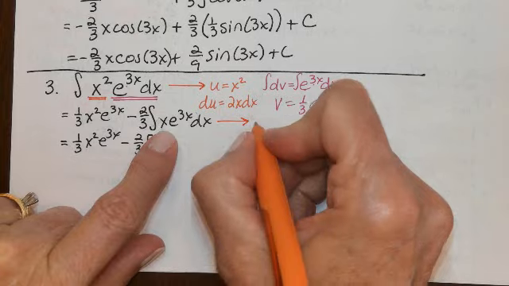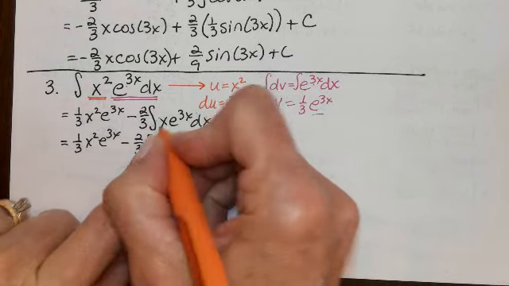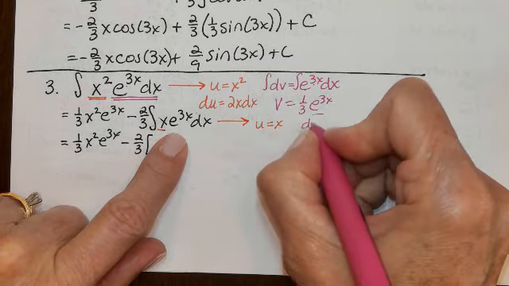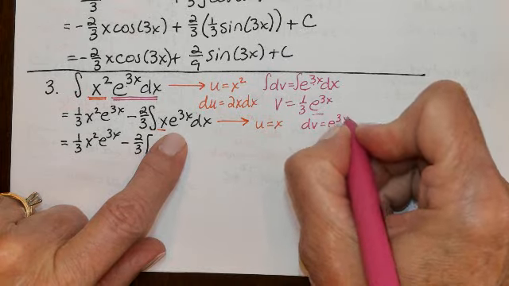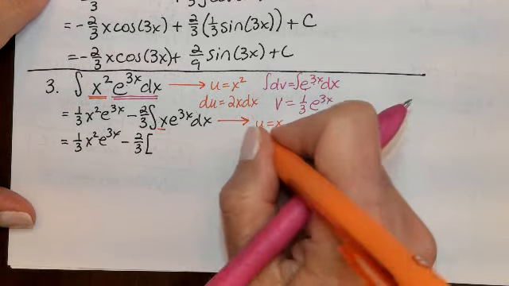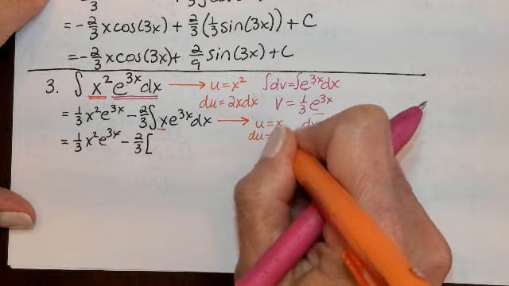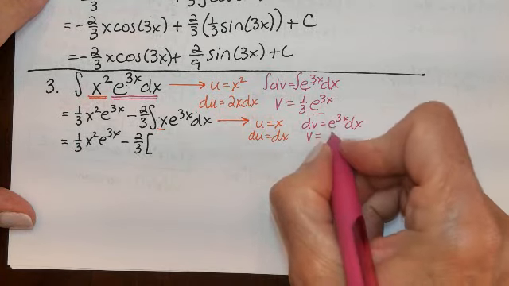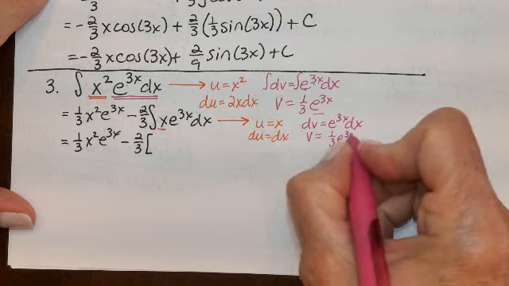We're going to let u be the x, and then dv will be everything else. So du is dx, and v is 1/3 e to the 3x.